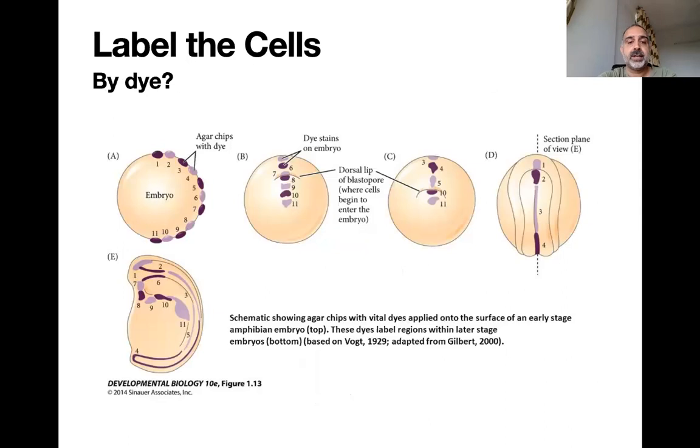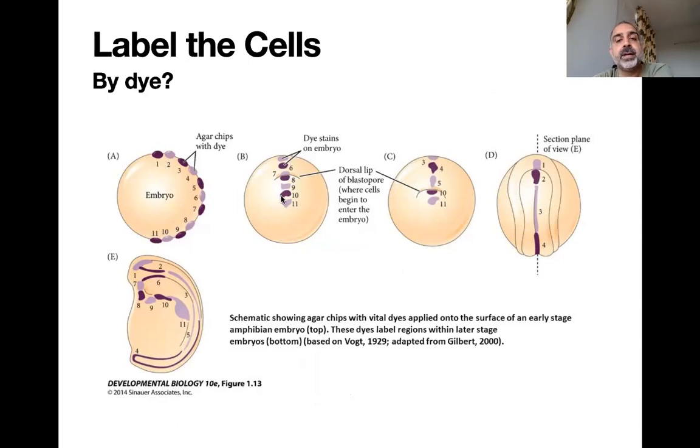These are experiments done in amphibians almost 100 years ago. What Vogt did was to soak chips of agar with particular vital dyes and put them on the ectoderm of the embryo.